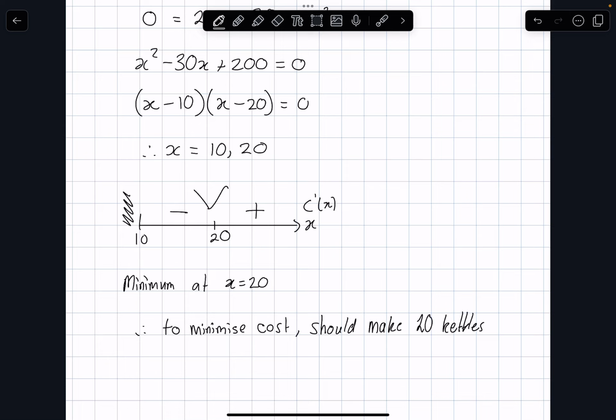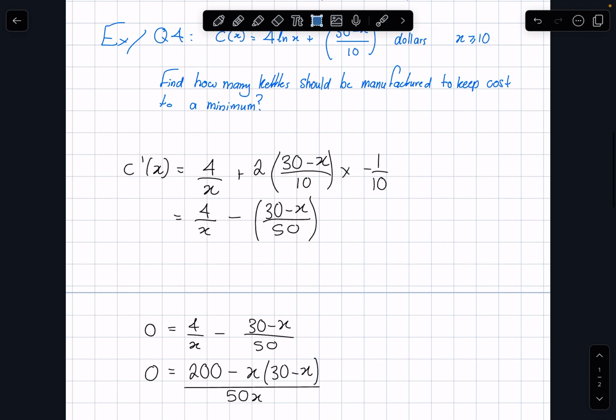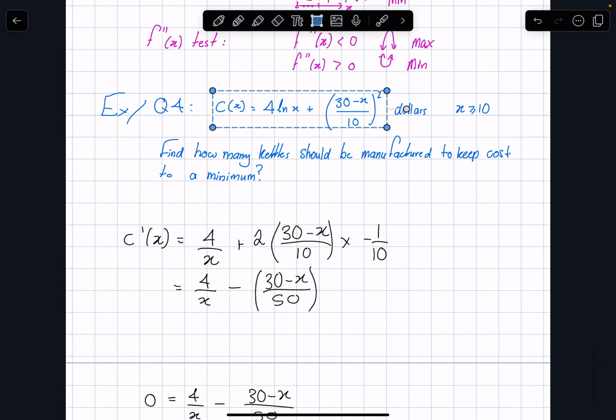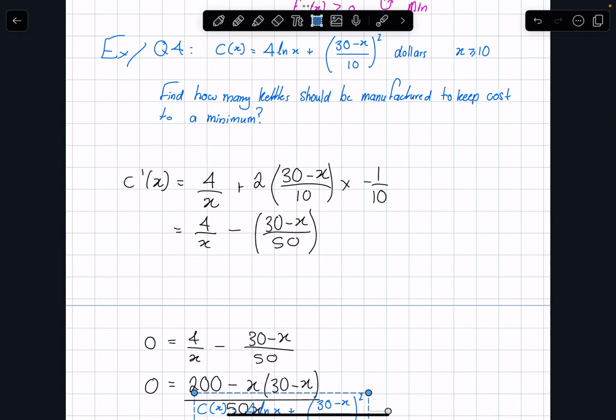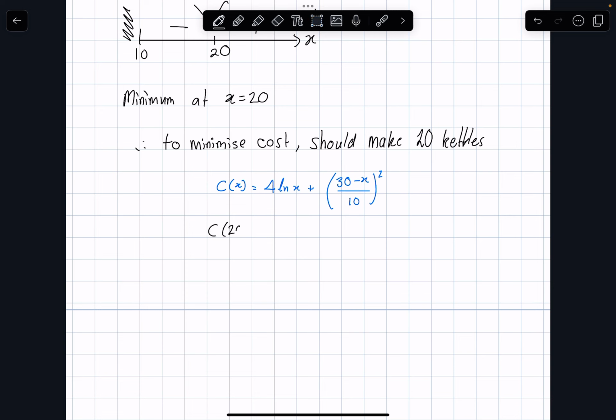And what we can actually do is find that minimum cost. So let me just jump up here and grab my cost equation. So that's here, duplicate, bring that down. I'm going to substitute 20 into that cost function: 4 ln 20 plus ((30 take 20) on 10) squared.